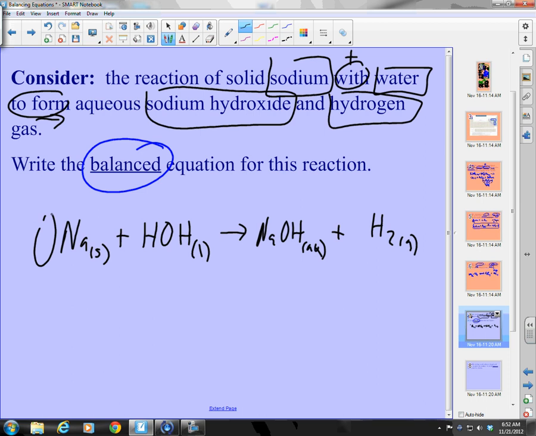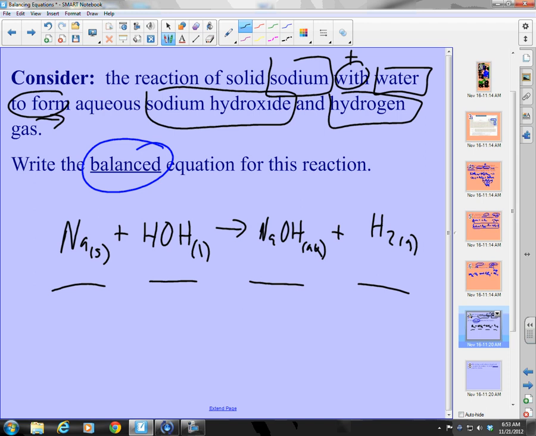So a coefficient would be here, a coefficient here, a coefficient here, a coefficient here. If nothing is written in front of these, we're assuming that the coefficients are 1. So we can only adjust my coefficients. What that also implies is once I get my formulae written, I don't change my formulae.